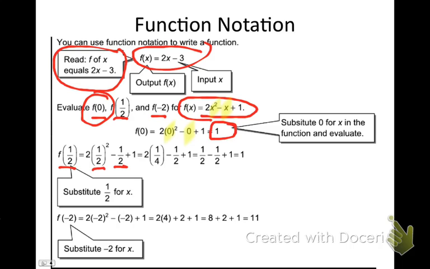You input your 1/2 for all your x values, simplify it down, and you get an output. I get a second answer. Do the same thing for negative 2. Input negative 2 for my x values, simplify it out, solve it out, and I get an output. That function there would have 3 answers: 1, 1, and 11. A lot of your assignments today will ask you to evaluate the function for 3 different values. That's really what it's going to be, just 3 different answers, just like that.